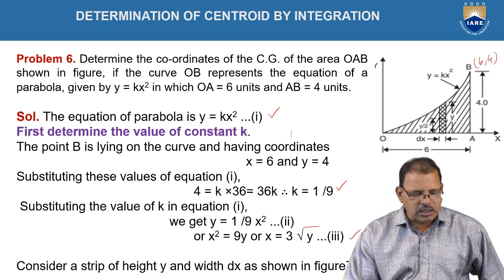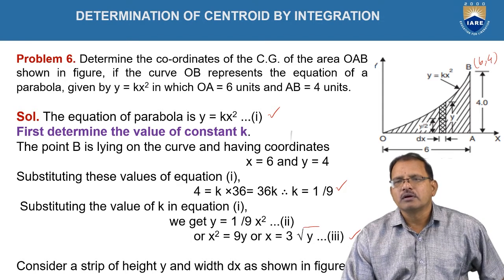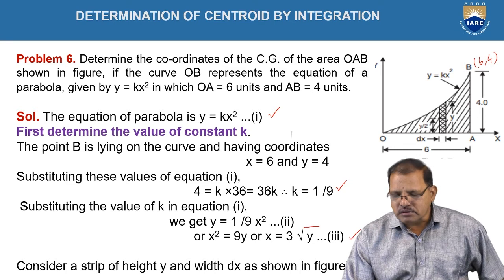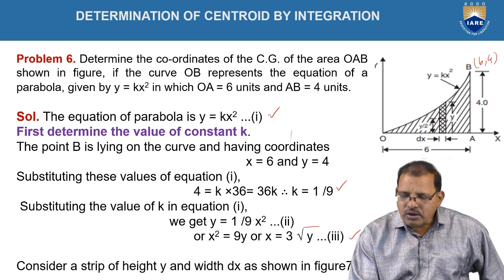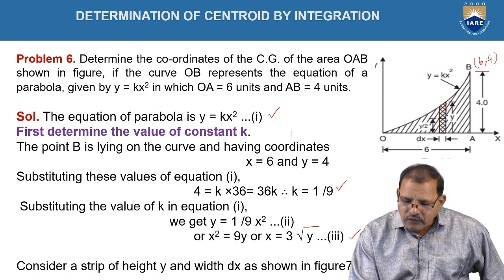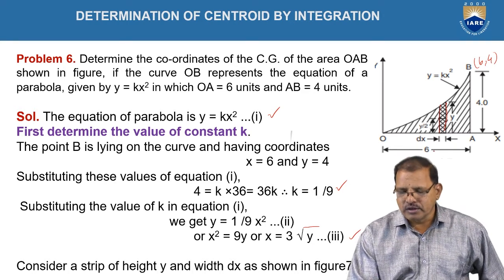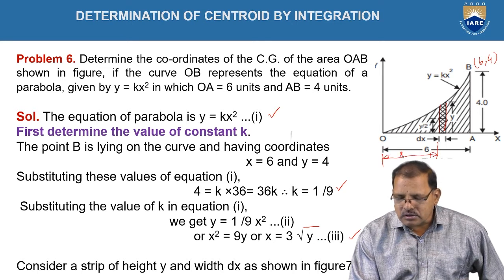Now consider a strip of height y and width dx as shown in figure to determine the center of gravity of the plane figure, which is having infinitesimal thickness dx as shown in figure, at a distance of x from the vertical line.